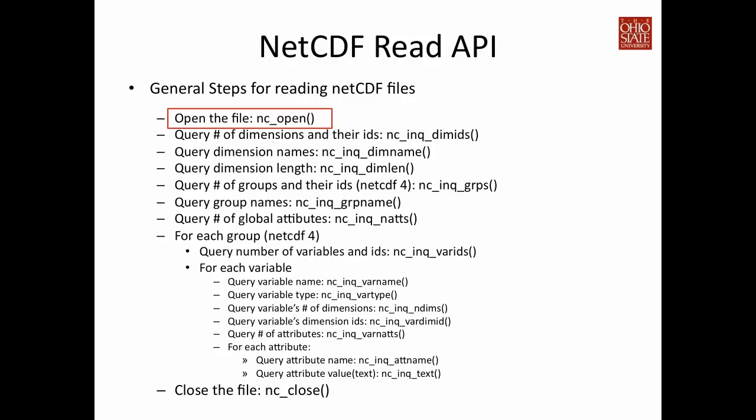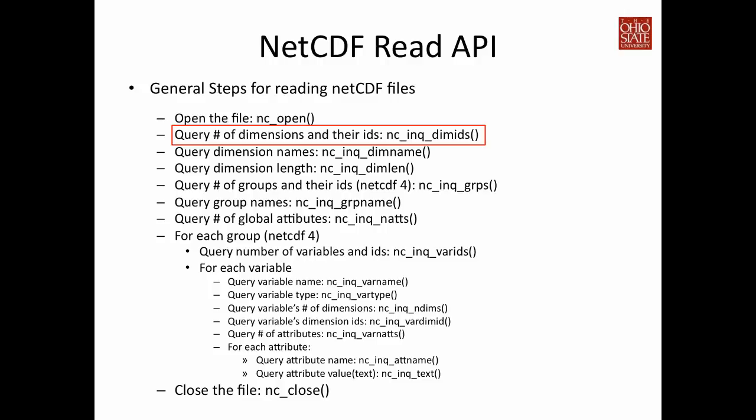Here, let me just give you a summary of the important methods that you can use to query that information. First of all, of course, you need to open the file. Now, in order to prepare the multi-dimensional array, you need to query the number of dimensions for the variables stored in the dataset. And each dimension can have an ID.